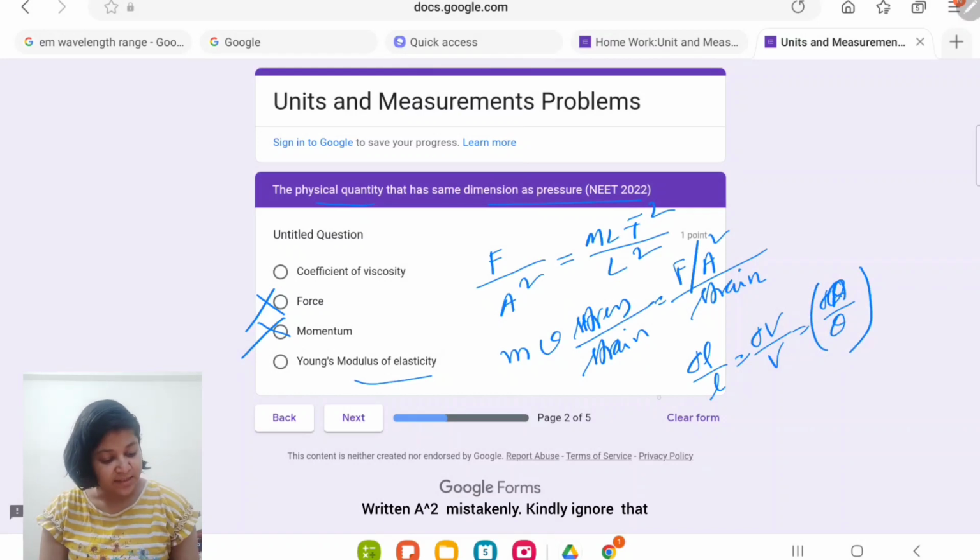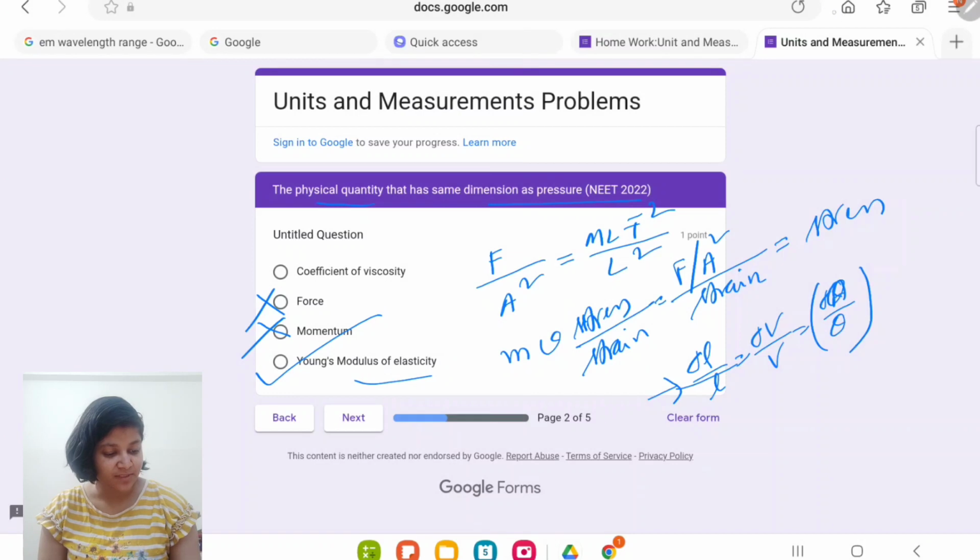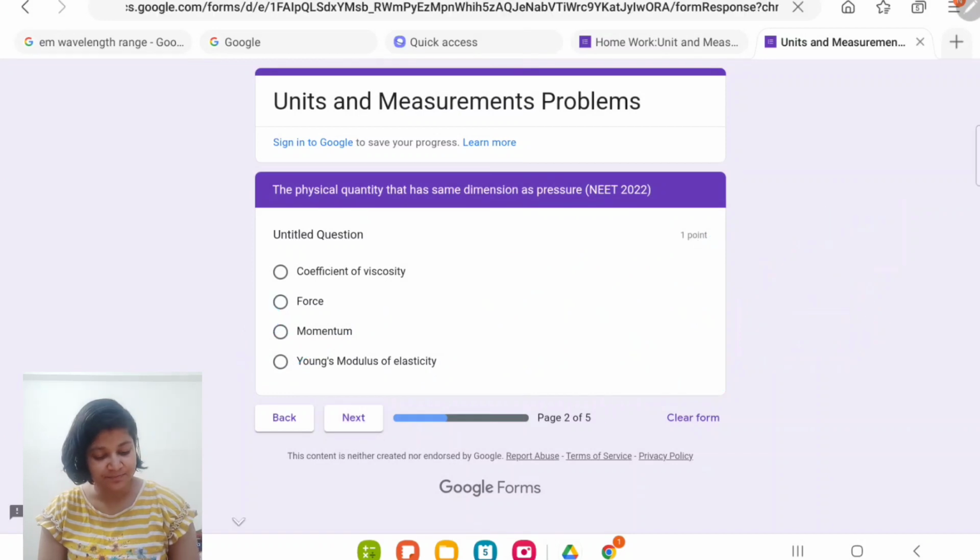So strain is a dimensionless quantity because it is the ratio of two similar quantities. Therefore the dimension of Young's modulus is equal to the dimension of stress, which is force per unit area. So this is our answer. Young's modulus of elasticity has the same dimension as that of pressure. We will now look at our next problem.